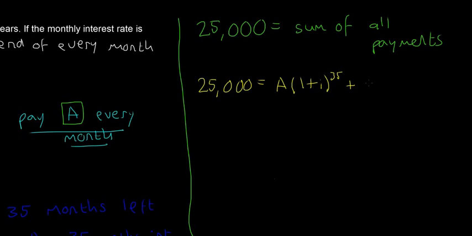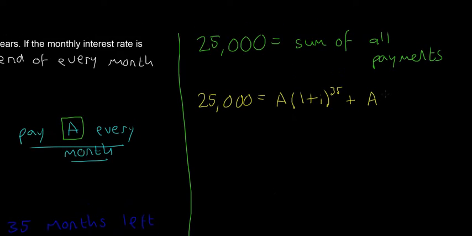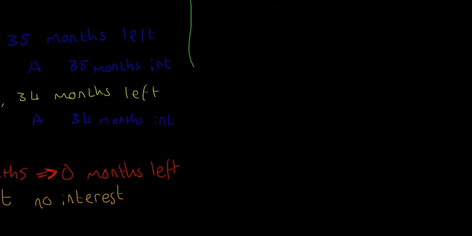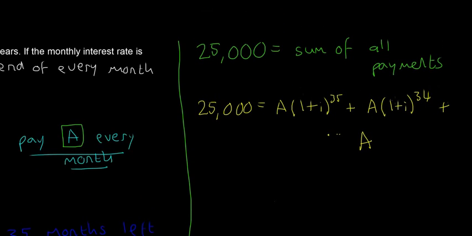So the second payment is going to be A by 1 plus I to the power of 34, and that's going to keep continuing until we get the last payment, which is just A, because there's no interest on the last payment. So that's what our geometric series looks like.